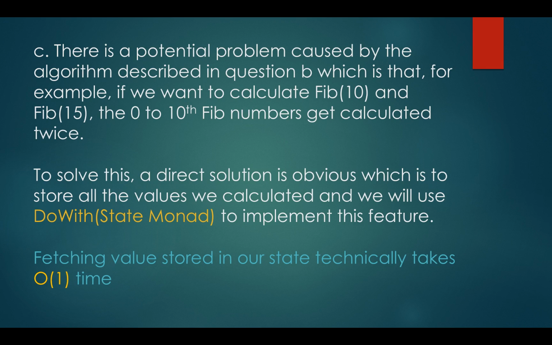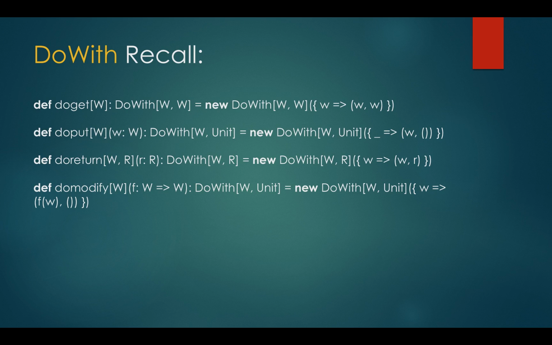First of all, let's quickly recall DoWith. DoGet will fetch the memory for us, and DoPut will change the memory and return us a new state and a unit here, so we somehow need to change the unit. DoReturn would not change the state and gives us the state and the result.